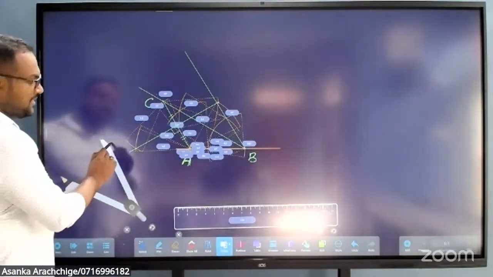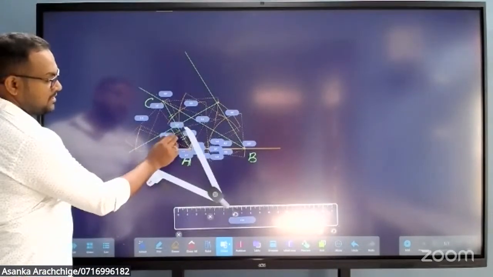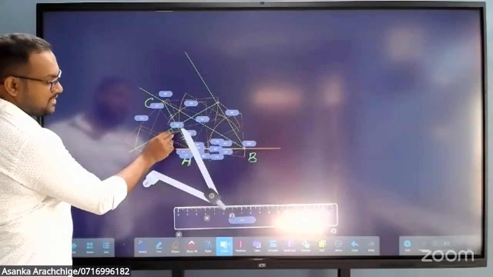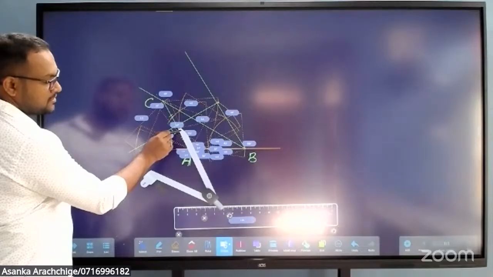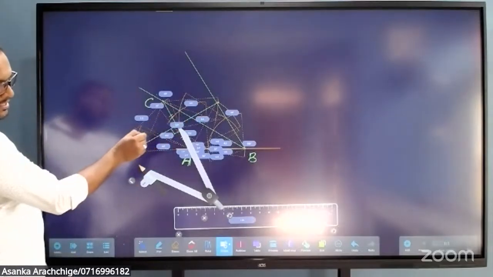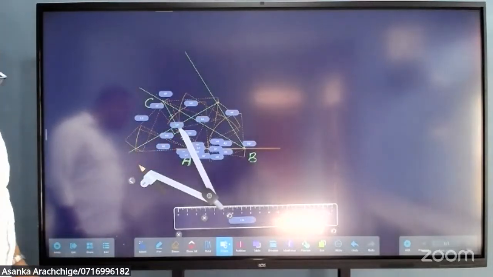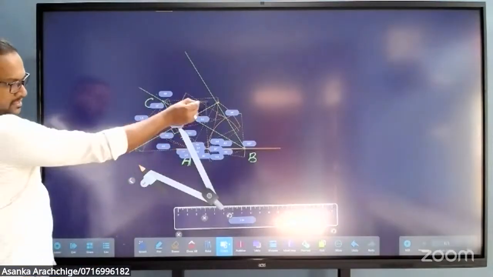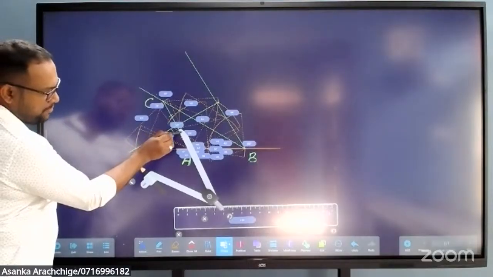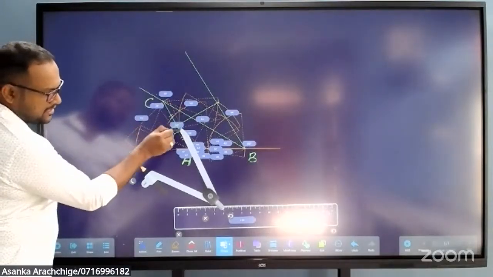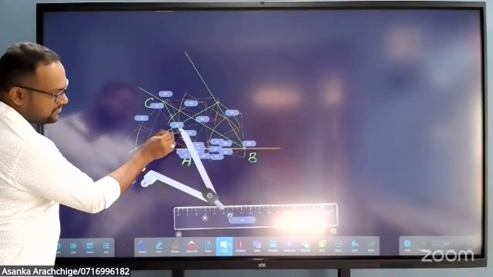So if AC is the diameter, then this must be the center of that semicircle, because this is the perpendicular bisector of AC. This point of intersection is the midpoint of AC.